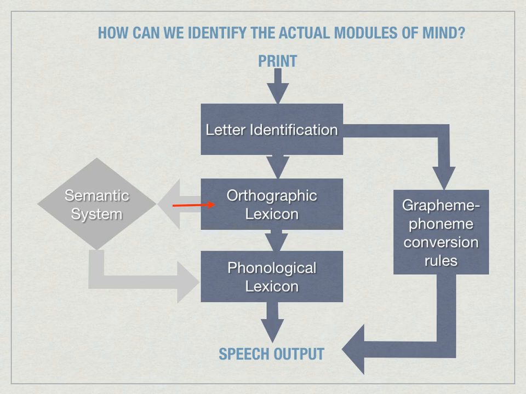So let me try and make this clear with an example. Supposing instead of seeing print, you saw the sequence BOOK, or book. That sequence, the letters BOOK in that particular order, is stored inside the orthographic lexicon, along with thousands and thousands of other words that you have actually memorized.